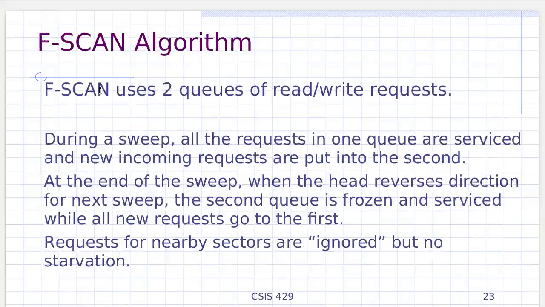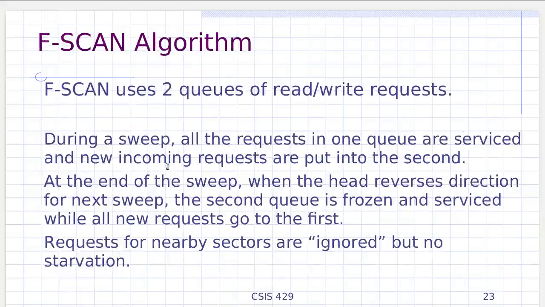FSCAN uses two queues of read-write requests. It doesn't matter whether it's read or write. During one sweep, all the requests in one queue are serviced, and incoming requests, while it's going through that sweep, are put into the second queue. So there are two queues, one for each direction you're moving in.